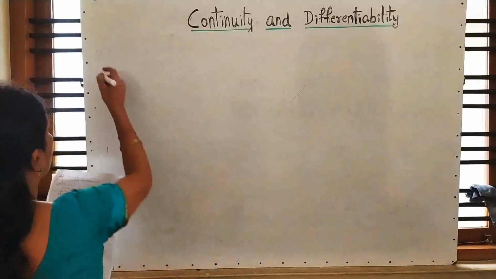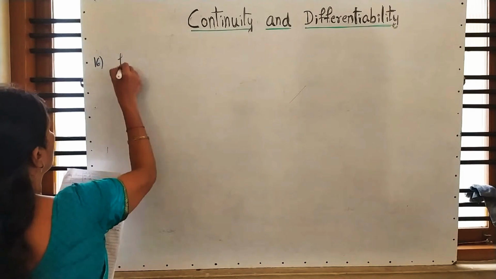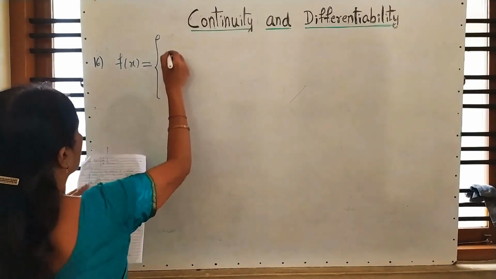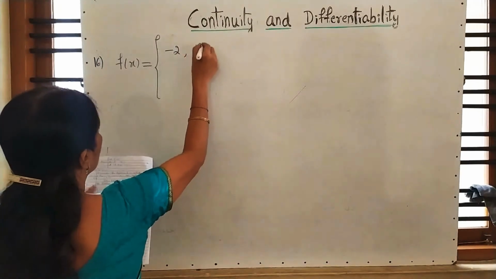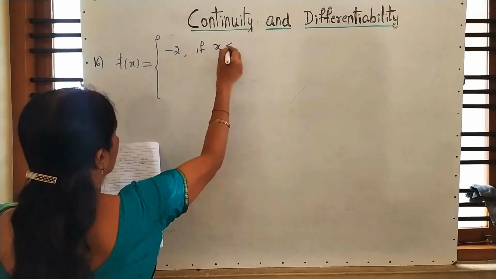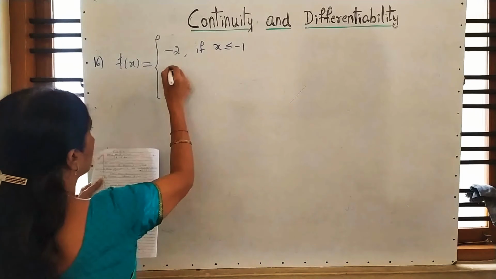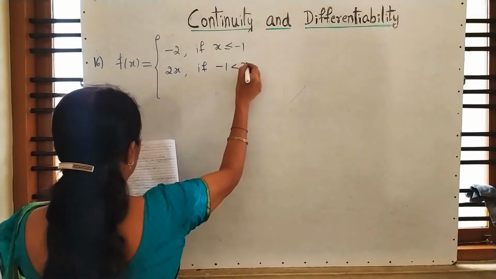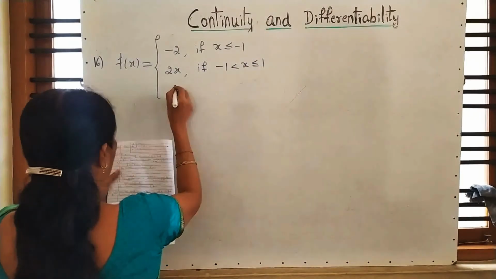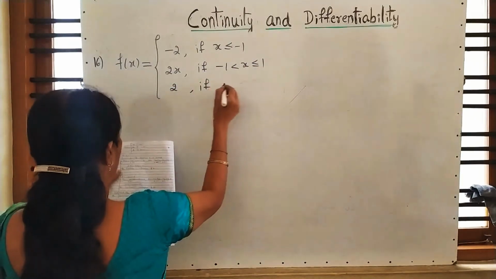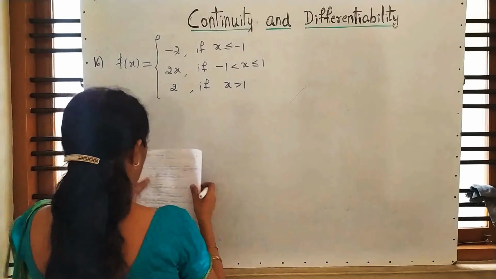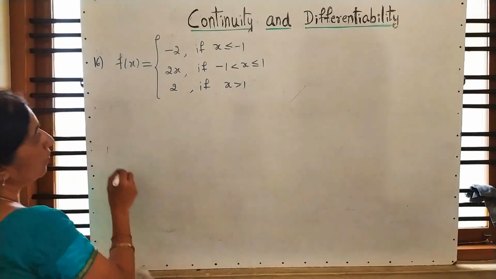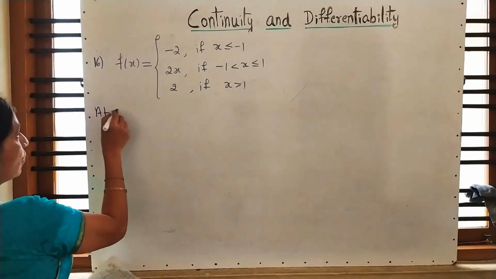If f of x is equal to minus 2 if x is less than or equal to minus 1, 2x if it is lying between minus 1 and plus 1, and 2 if x is greater than 1. That means for what values do we have to check? We have to check at x is equal to minus 1 and at x is equal to 1.